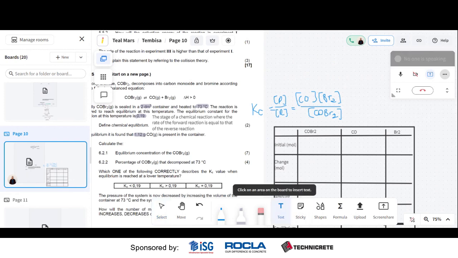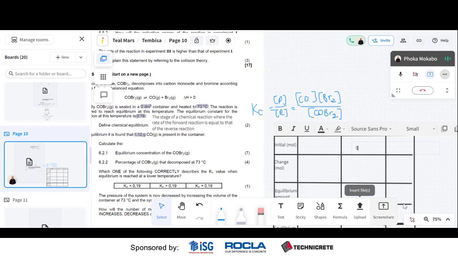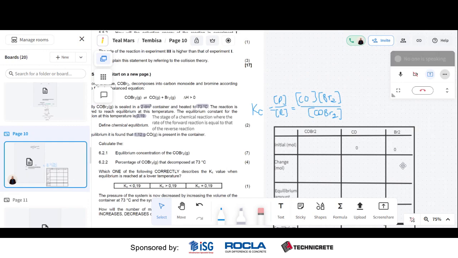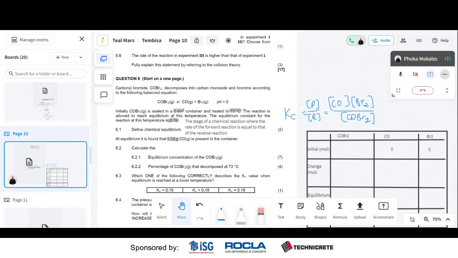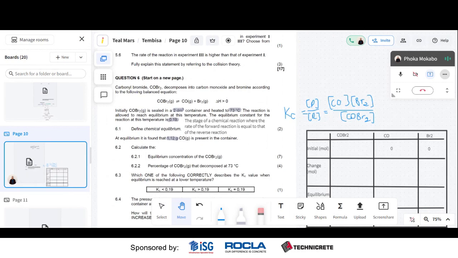Well, we know for sure that in the beginning there was no carbon monoxide, there was no bromine. So you can add zeros over there. We don't really know for sure what our initial number of moles of COBr2 is, right?